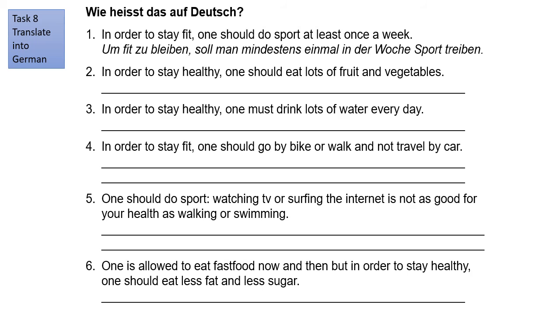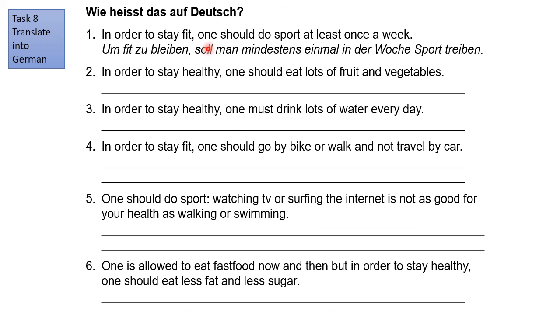Okay, task 8, we're cranking up the difficulty a little bit more again. So Nat 4s, if this is too much for you, don't worry. This is really meant more for Nat 5, but if Nat 4s want to have a go at it, please by all means give it a go, but it's not compulsory. So you've got the same construction for these first 4, in order to stay fit. So it's going to be the same each time, fit zu bleiben. And then it's got one should or one must.